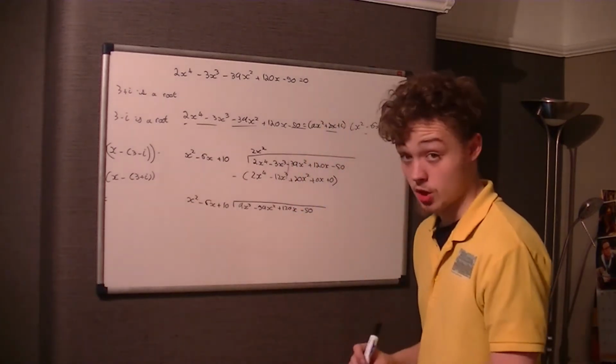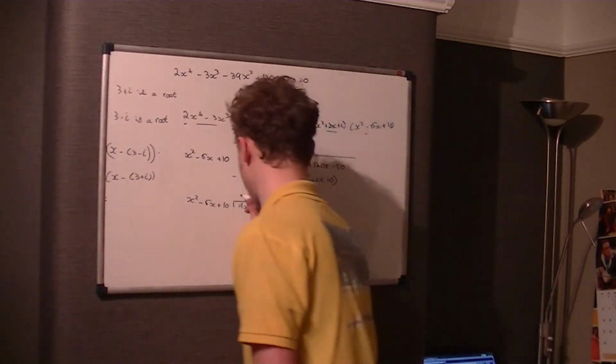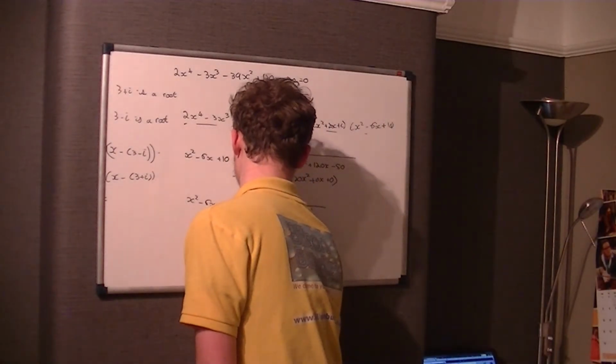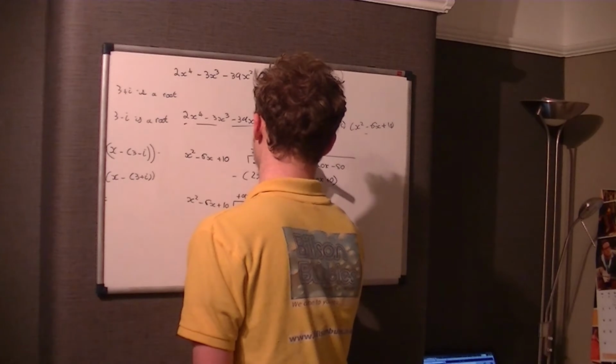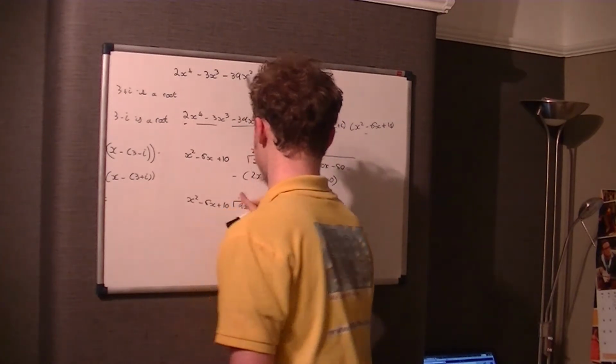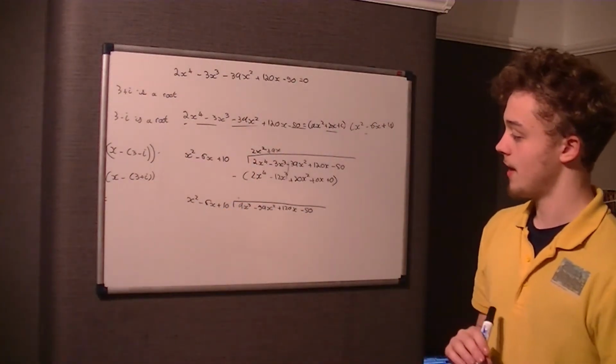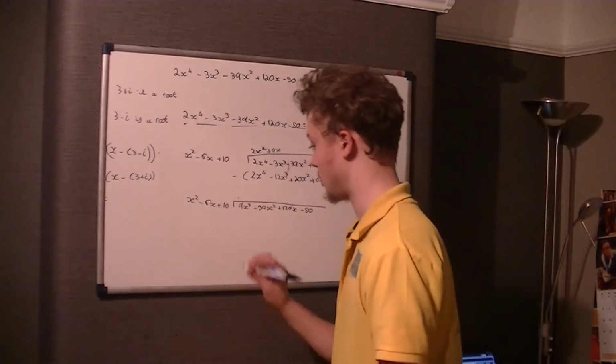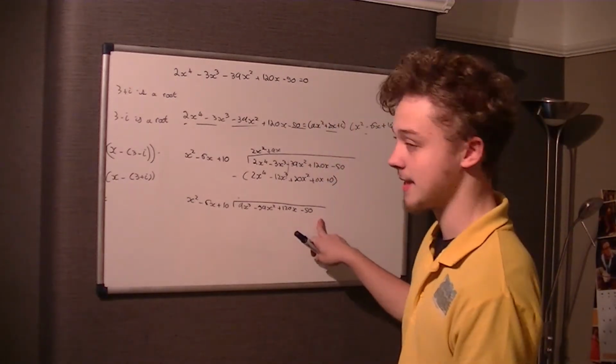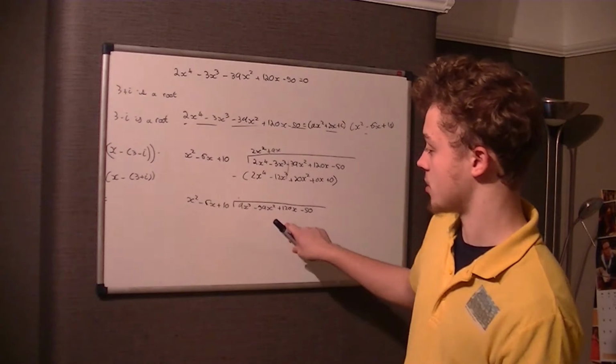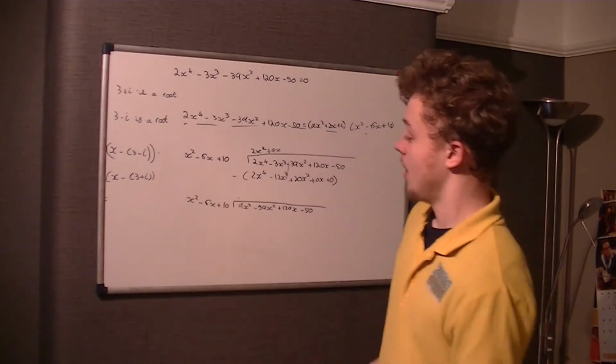Okay, so it's 9x cubed over x squared, which obviously just gets us plus 9x. So that's the next part of this quotient. Okay, so we times the quadratic by 9x and take it away from what we've got as an answer now, which is our cubic, because that's what we're currently up to.